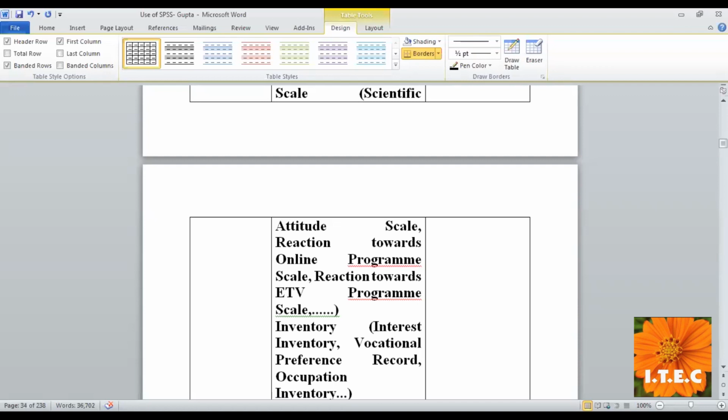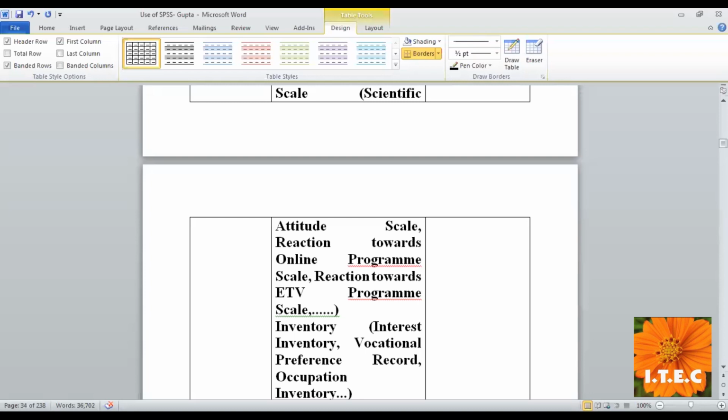So it is important that you must use the test, scale, and inventory after standardization.